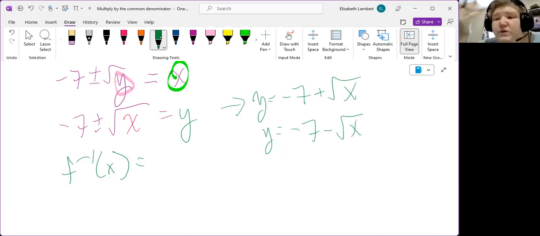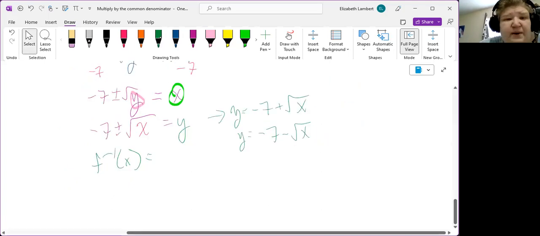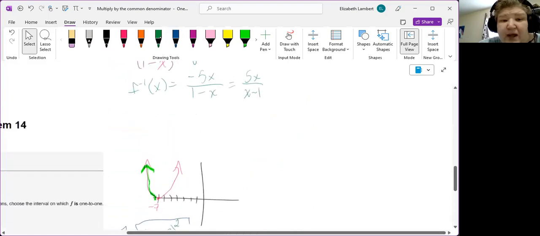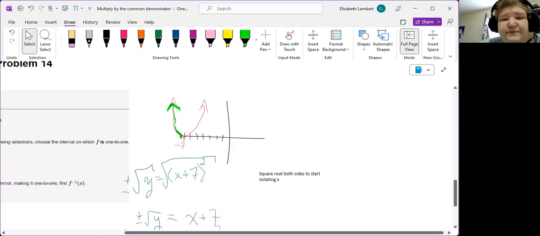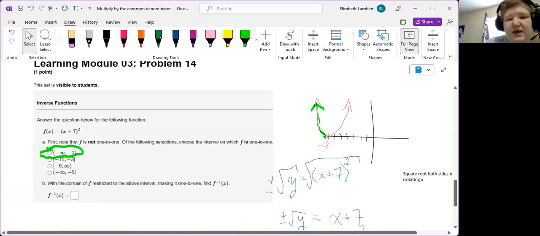Now, how do I know which one to pick? One of the ways to know is to just get comfortable with how the graphs work. But the other way is we're going to find a point that's only on the left side. Because remember that picture I drew before, I put it on the left side of the graph. So to the left of -7 is -8. I'm going to look at my original function and figure out what f of -8 is.